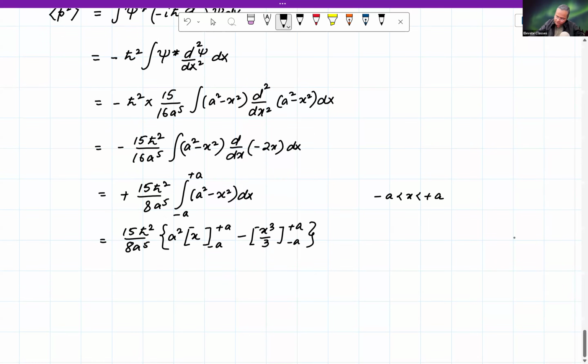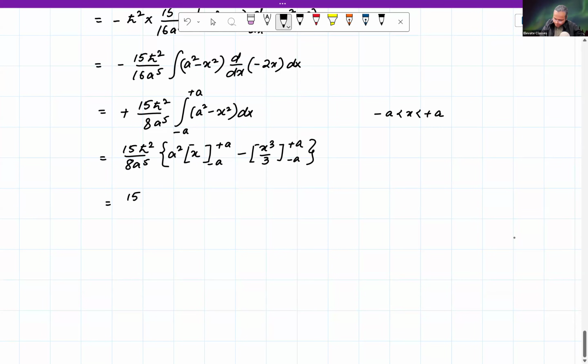So therefore this expression, so this is a square, and here you have a minus minus a, so this is 2a, and this is nothing but a cube. A cube by 3 minus plus a cube by 3, so 2a cube by 3, which is 2a cube minus 2a cube by 3.